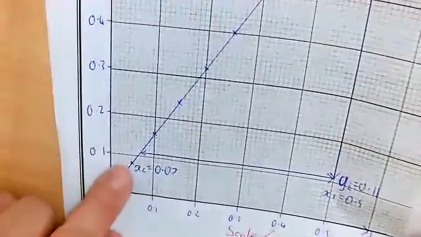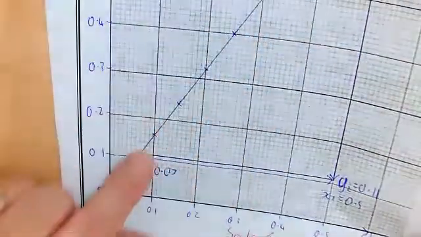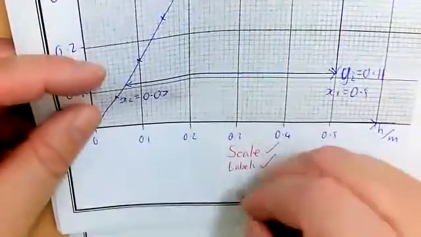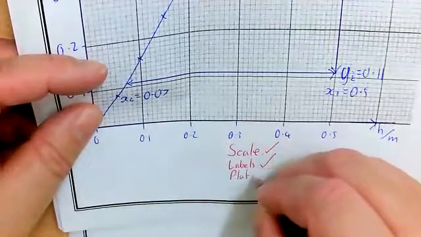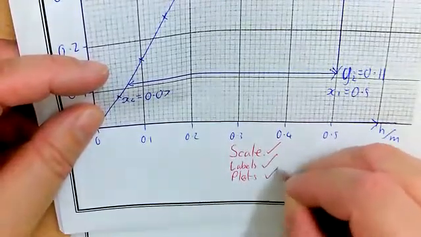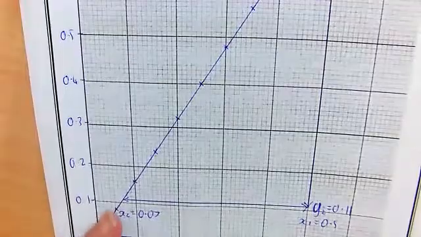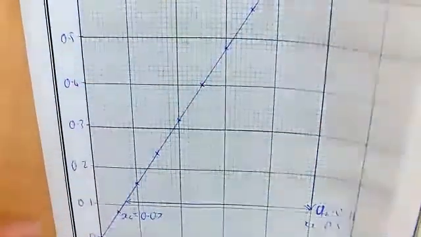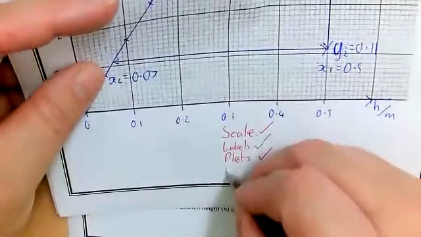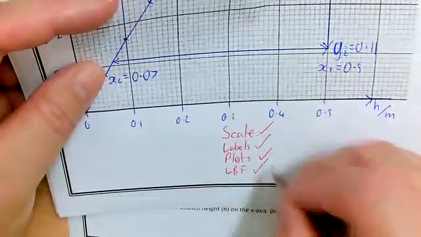So if all your data points lie on that straight line of best fit, we're going to assume that you've plotted your results correctly. And your line of best fit needs to be a straight line because it tells you in the question, and it should go through most of the points in this case. So the line of best fit is worth the fourth mark.